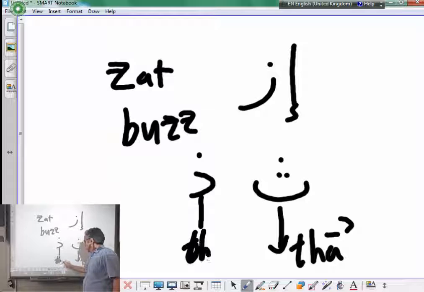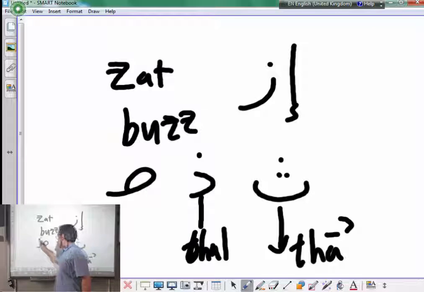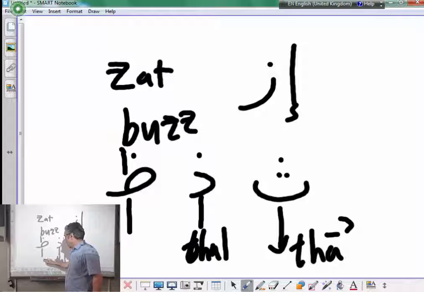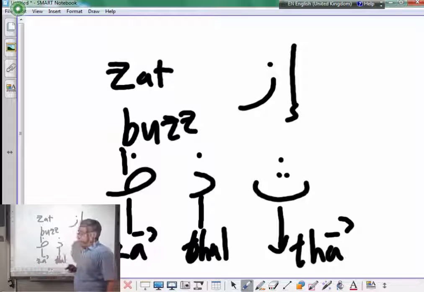I think it will look like dal, like that. Tha, dal, and the third one is called va. I think usually they put a Z with a dot and put that one. Va, say it, va. So let us see where these three letters are emitted from.